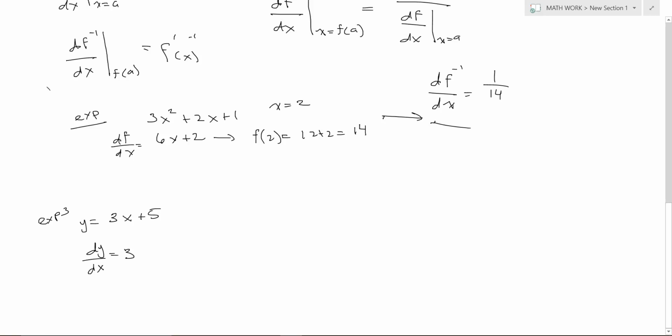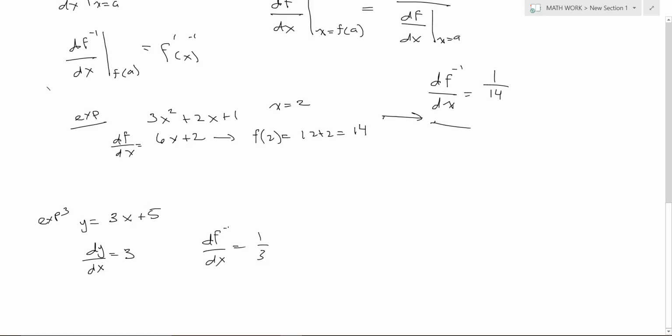So df inverse dx should be 1 over 3. And that's really simple, no fun, but the concept is there and it works. Again, it's a really simple process. Just remember that rule.